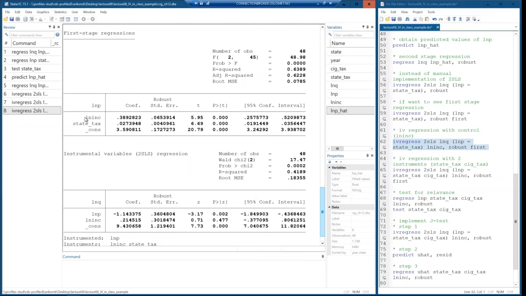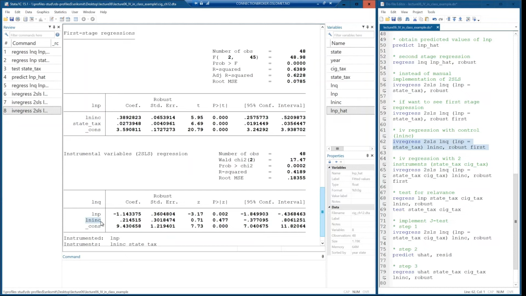So we are using our knowledge about economics and maybe some previous studies' results to say that, well, this is probably a variable which is correlated with state tax, and if we do not include it, then state tax might be correlated with the error term, and hence it would be endogenous. So this income variable is present both in the first stage regression and in the second stage regression.